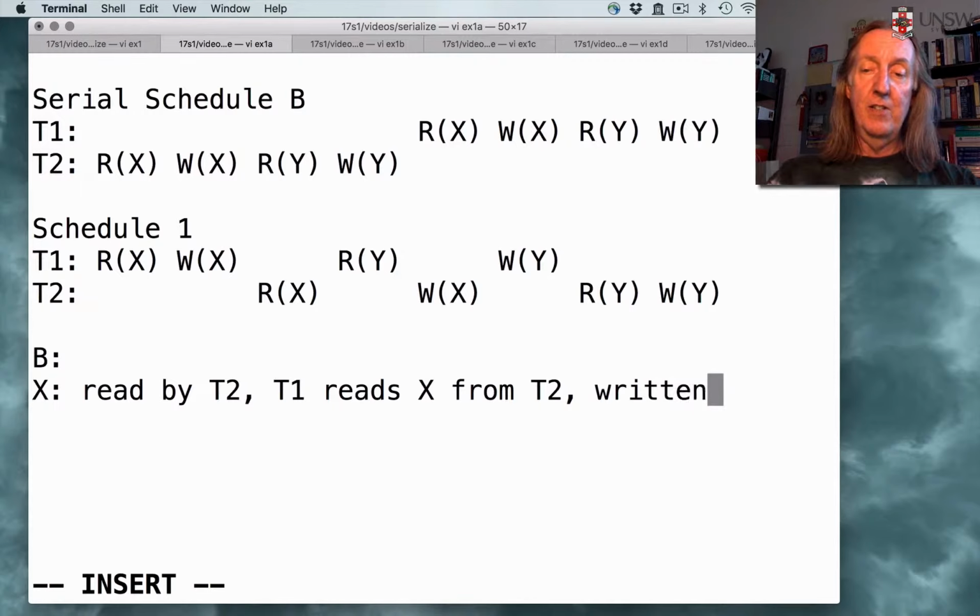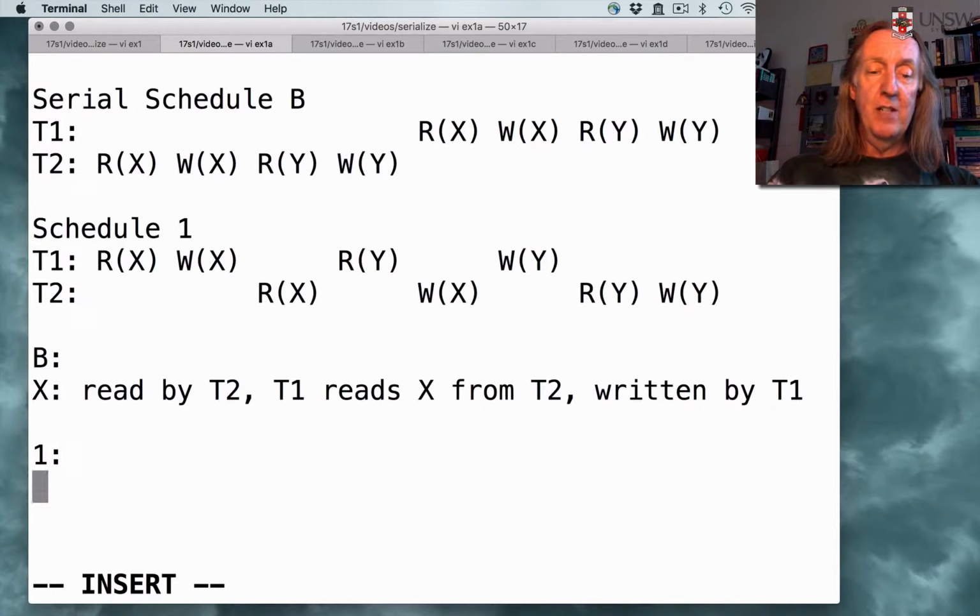So let's denote that like that. That's the behavior of X in schedule B. We could also determine something similar for Y, but let's take a look at schedule 1 instead.